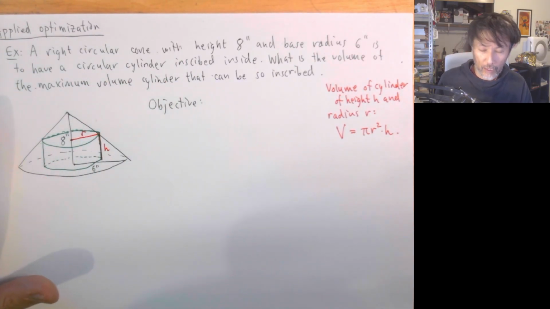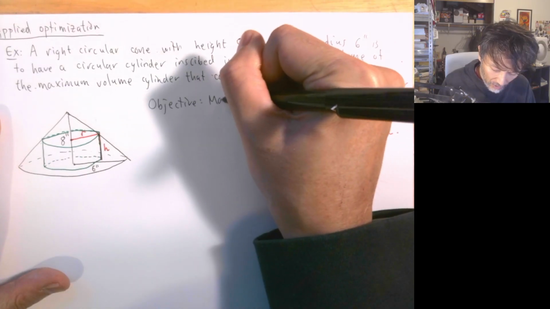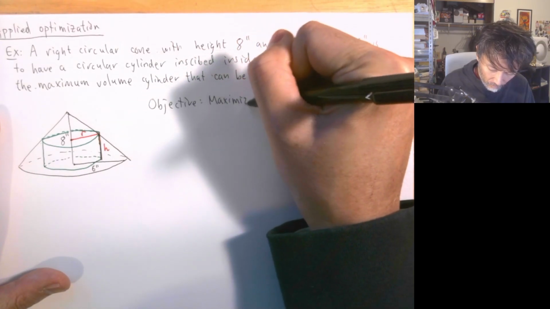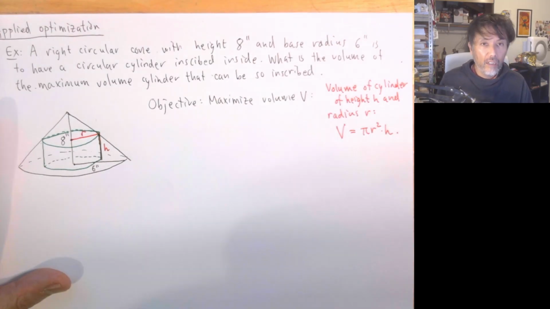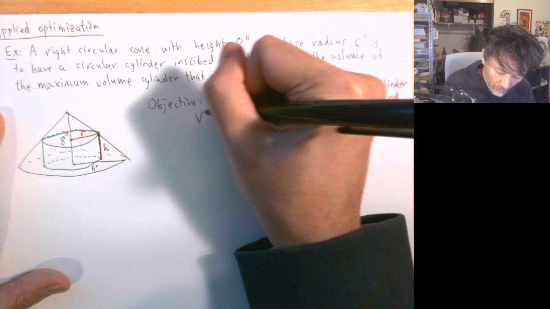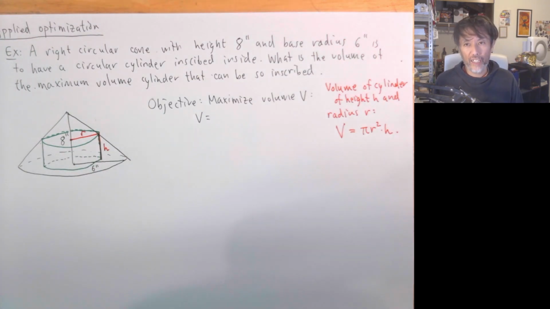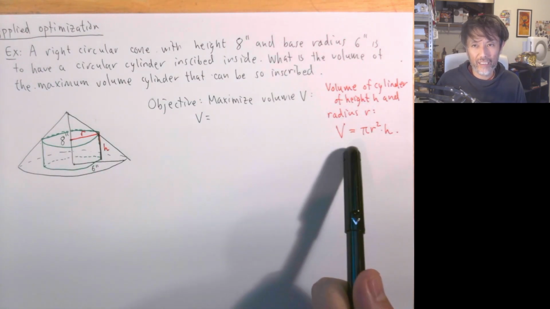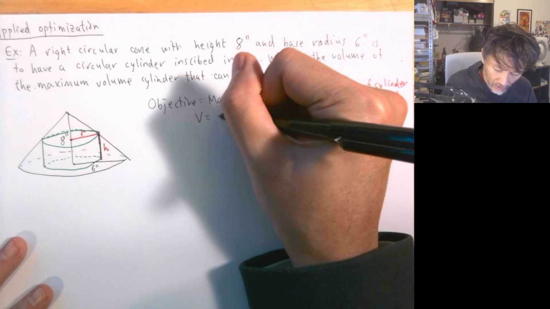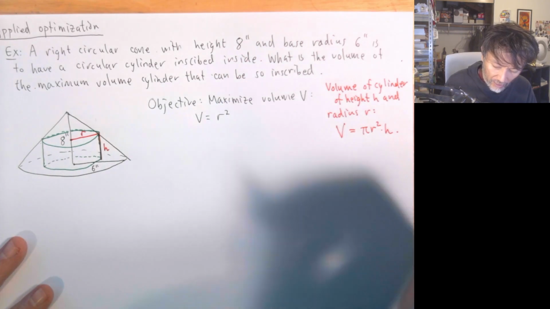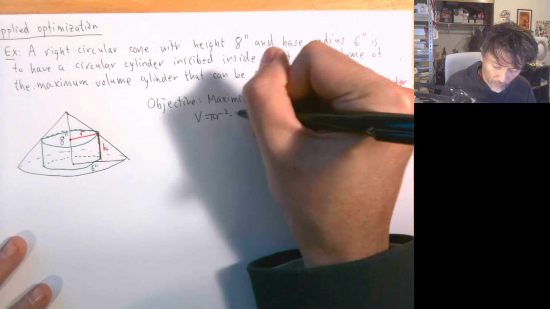So we want to maximize volume, which I'll call V. And V is going to be given by a formula in terms of r and h. And guess what formula it is? It's exactly the one I've indicated for the volume of a cylinder: V equals pi r squared h, like this.